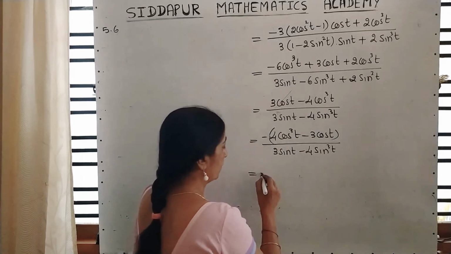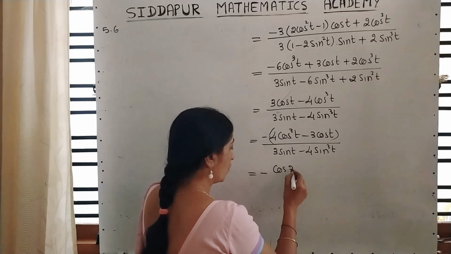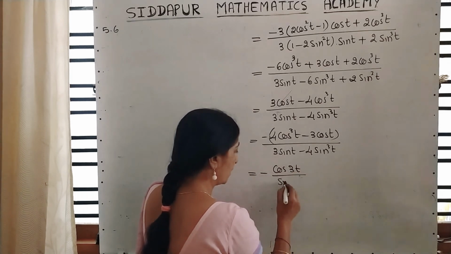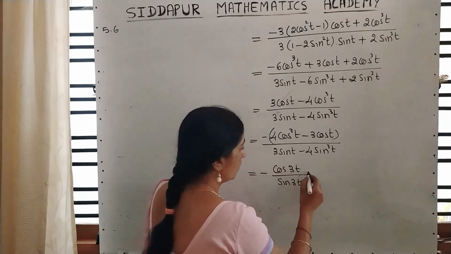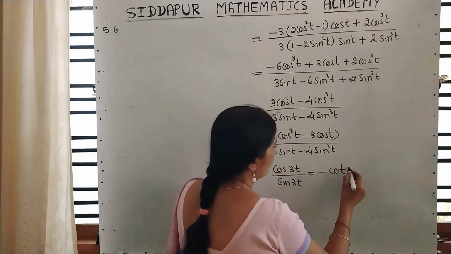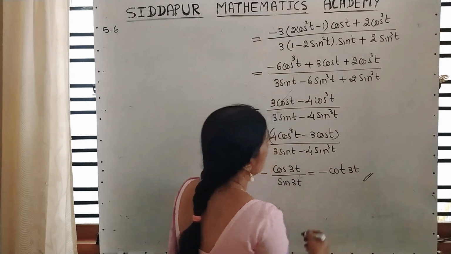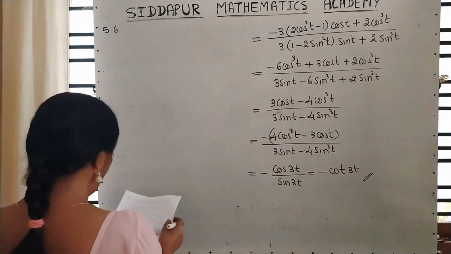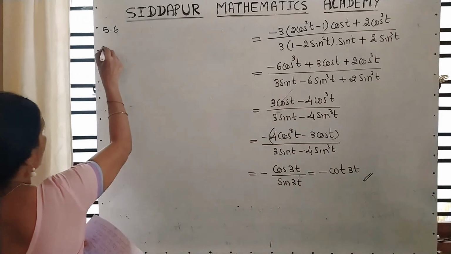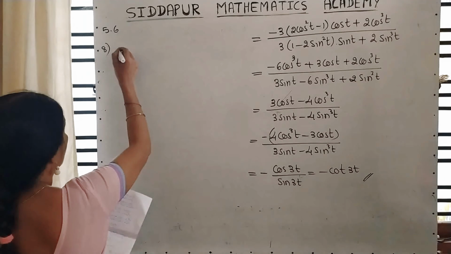Cos 3t. Minus cos 3t, and it is sin 3t. Cos upon sin is cot 3t. See, this is the answer. Only thing is simplification. Problem is very simple. Moving to the next one.